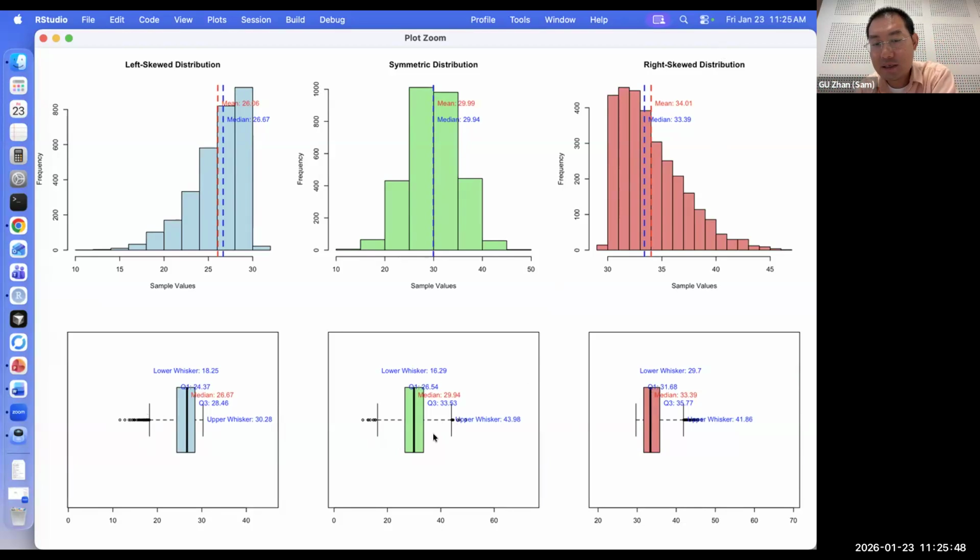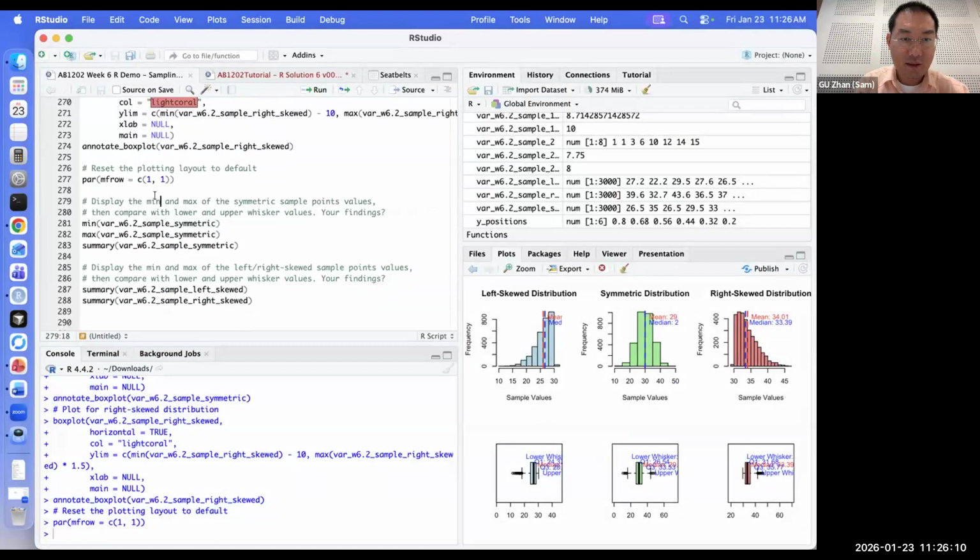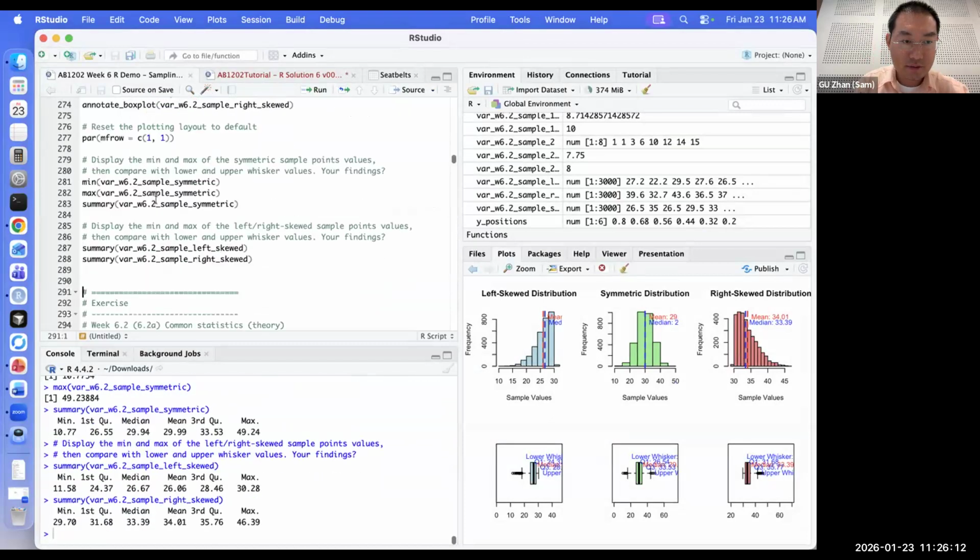For the symmetric distribution, you observe a similar number of outliers beyond the two whiskers. For the right skew, it's less likely to observe extreme values or outliers on the left, but there will be more on the right tail side. This is the key takeaway for you. Minimum, maximum. So this is the summary.